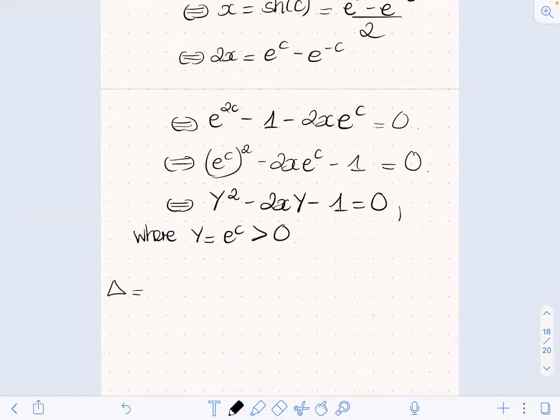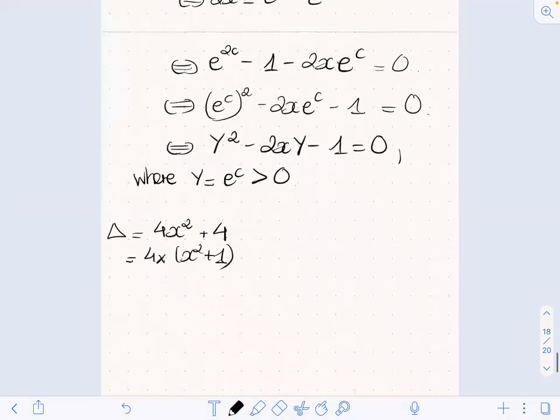So b here is basically minus 2x. So we get 4x squared plus 4 times 1 times 1. So delta is equal to 4 times x squared plus 1, and that's strictly positive.